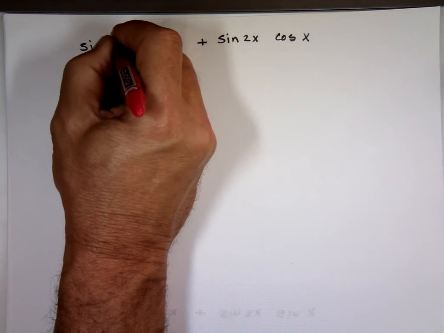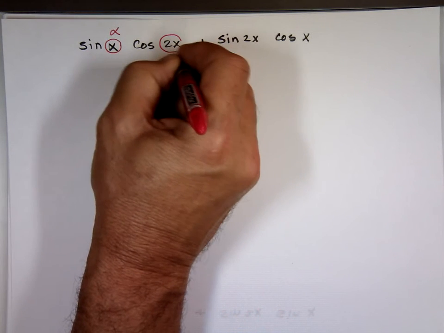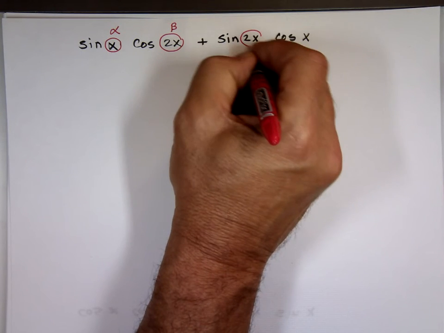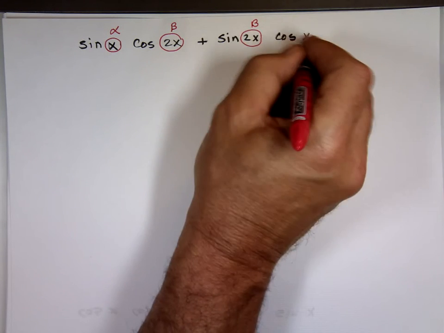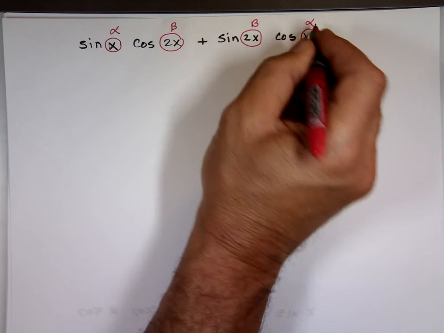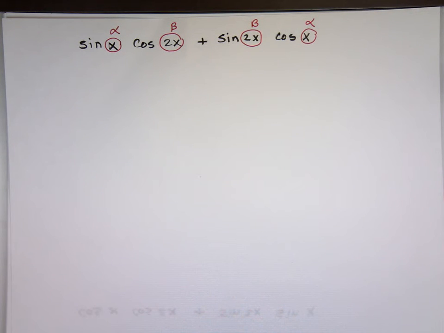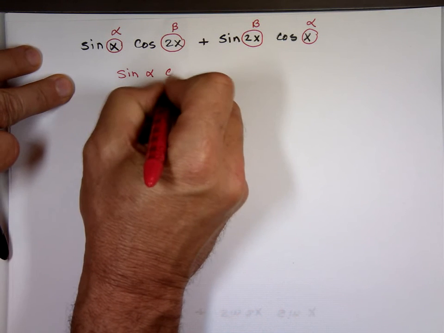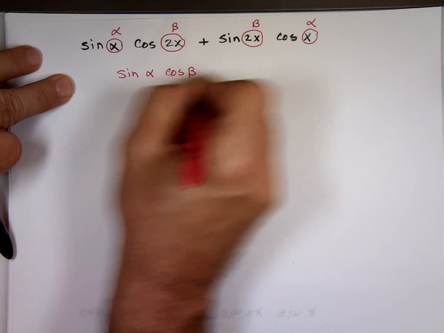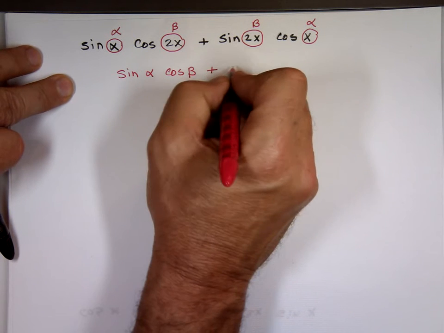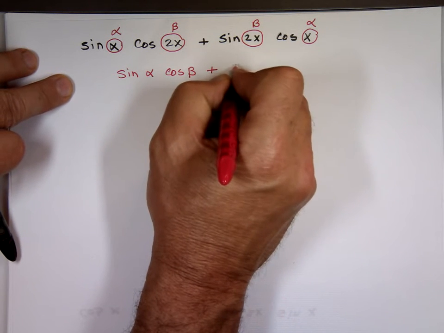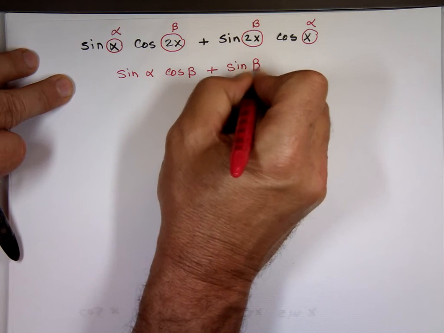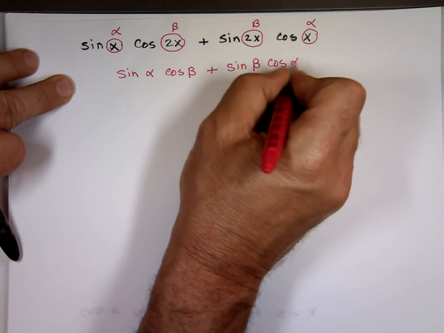Call this one beta. Doesn't really matter which one's which. 2x is beta. X is alpha. If I do that, this problem becomes what? Sine alpha cosine beta plus sine beta cosine alpha. It doesn't matter, by the way, which one you write first. So you might write cosine alpha sine beta.